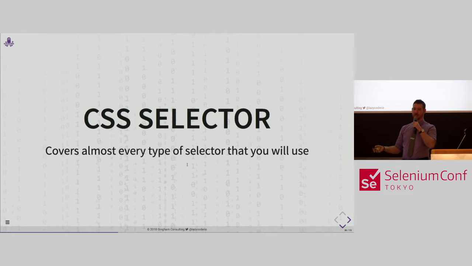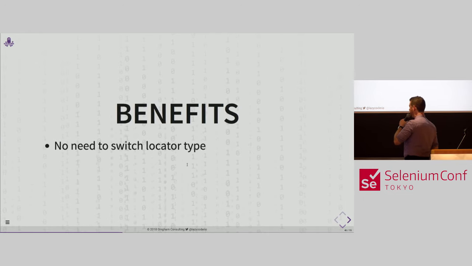There's very few edge cases where XPath will work better over CSS selector, but CSS selectors are awesome. So we have no need to switch the locator type whenever we update tests. How many of you have ever used a new locator and forgot to change the locator strategy? Yeah, a few of us have.